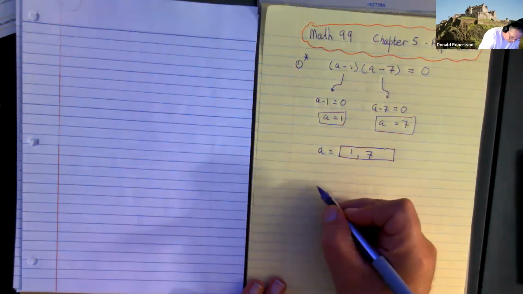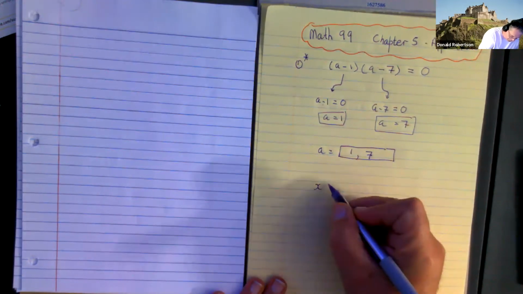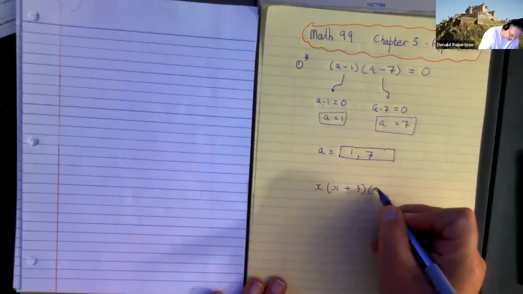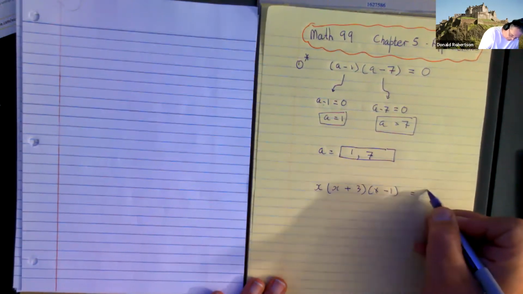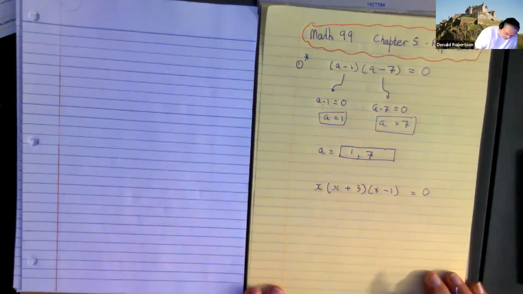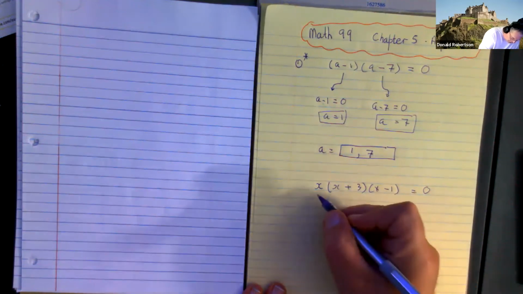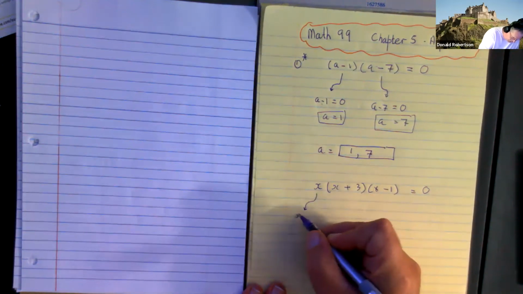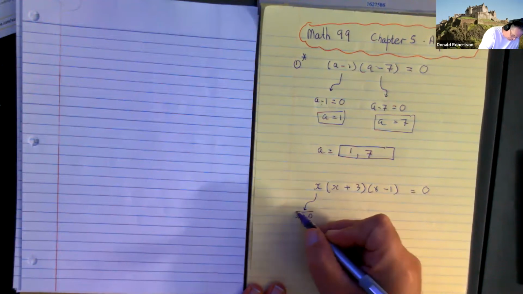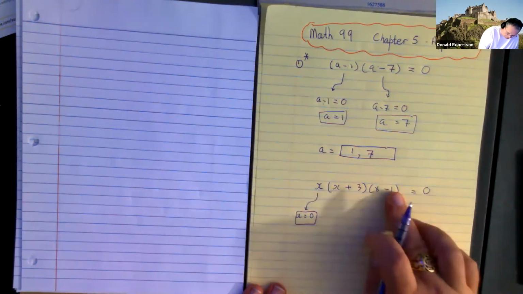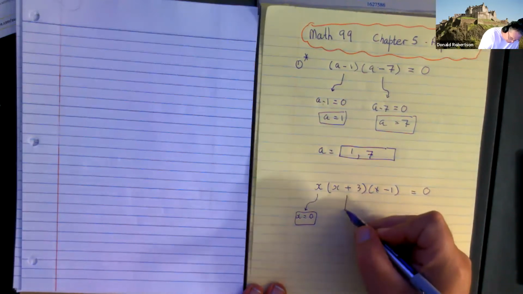Now let's show you another one that's also factored. Let's suppose it's x times (x plus 3) times (x minus 1) equal to 0. So this is actually a cubic rather than a quadratic, but it's the same basic principle. We have this factor, so x equals 0 is one of the solutions to this polynomial equation.